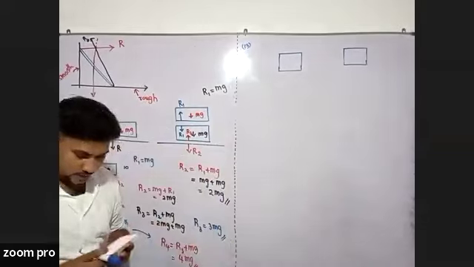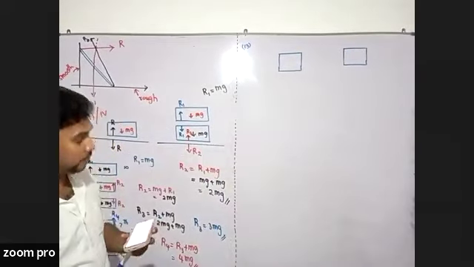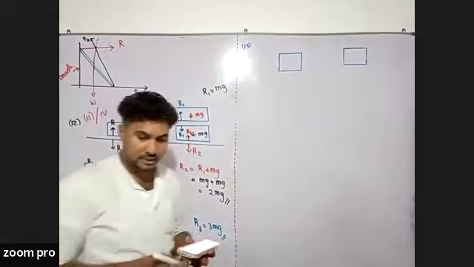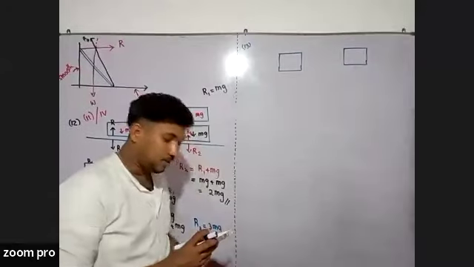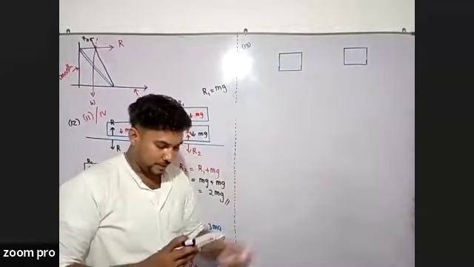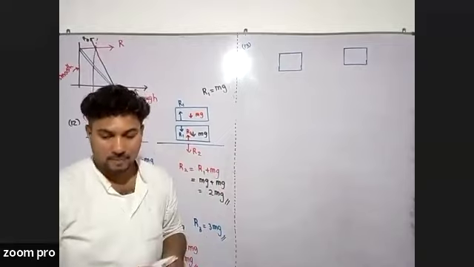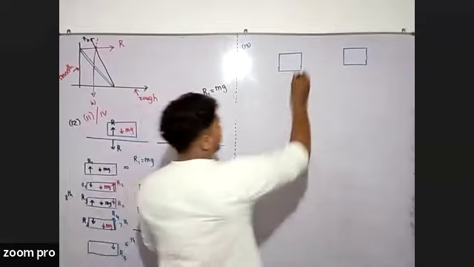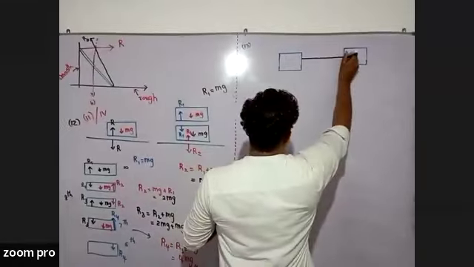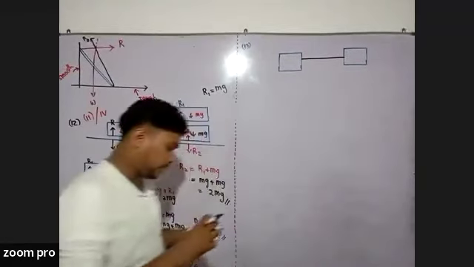There are two objects of 12 kilogram and 7.5 kilograms connected by a string, even though it has a mass. So this string has a mass of 0.5 kilogram.